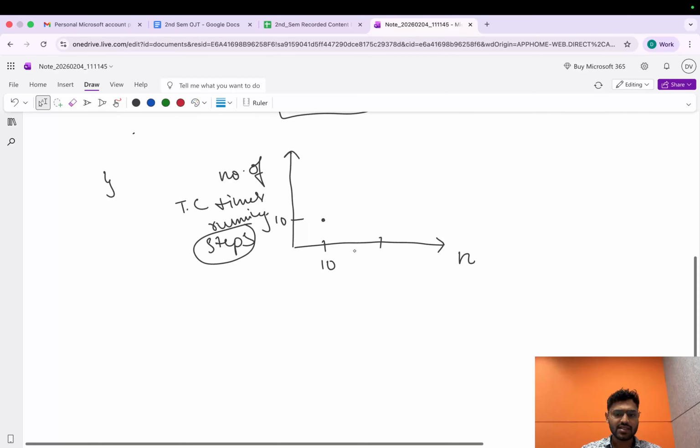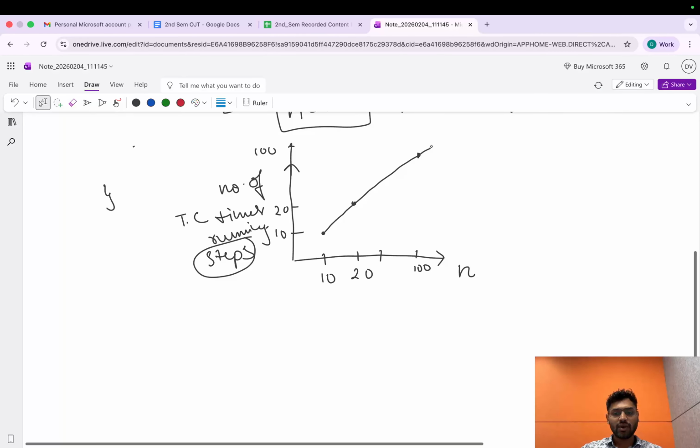If input size is 20, we are running 20 times. If input size is 100, we are running 100 times, right? So what is the equation of this line? It is n, right? Do you agree with me? The equation of this line is n.